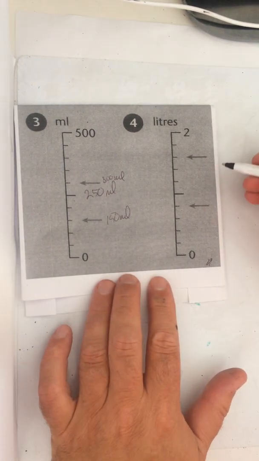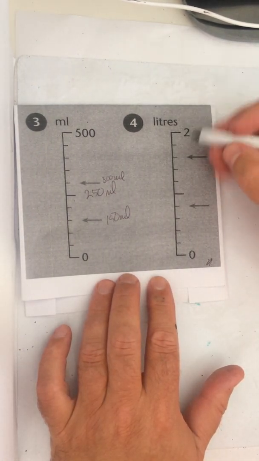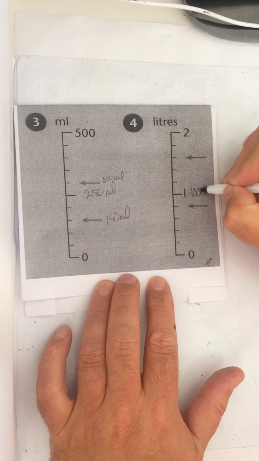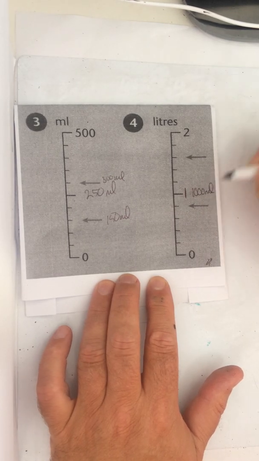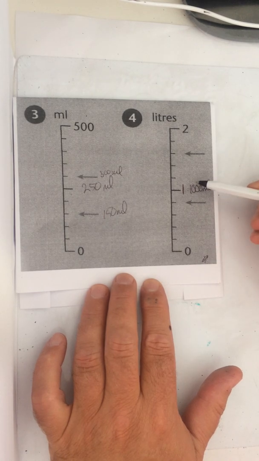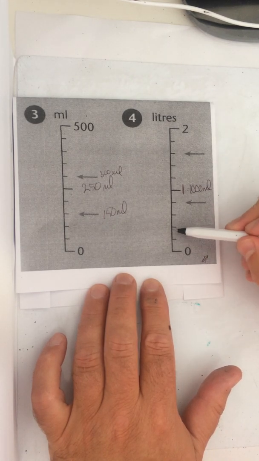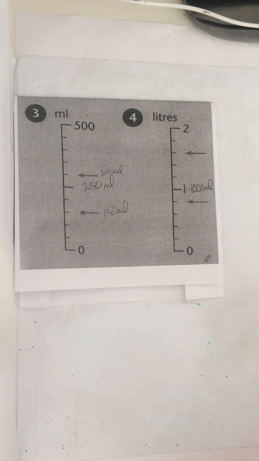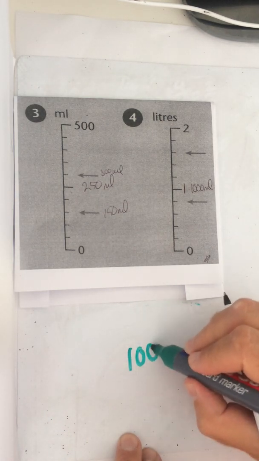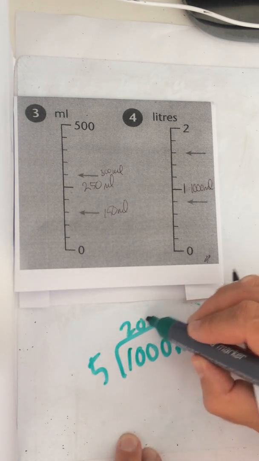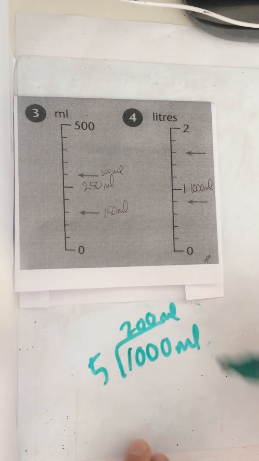Right, last one before we have a go ourselves, and this is a similar sort of question to the last one. I think we can find the halfway here is 1 liter, which is also 1,000 milliliters. So to go from naught to 1,000, I've got 1, 2, 3, 4, 5 gaps. So that's 1,000 milliliters divided by the 5 gaps, and that will give me 200 milliliters per gap.